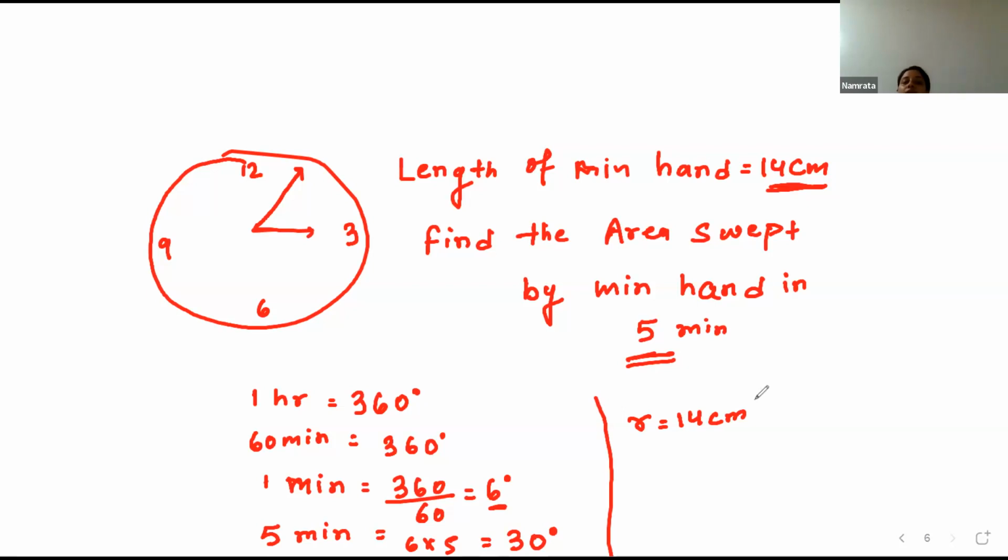So the question says length of the minute hand is 14 centimeter. Find the area swept by the minute hand in 5 minutes. Okay. We know the minute hand completes one revolution in 1 hour. You can check it in your watch. If you have a clock at your home, you can go over there and check it. That minute hand will cover one complete revolution in 1 hour.